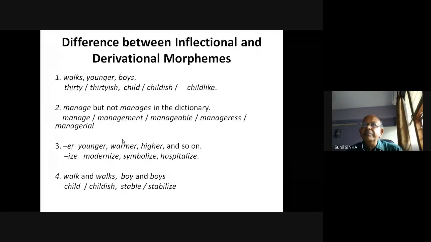Younger means more than young, warmer means more than warm, higher means more than high. So the meaning of ER is more than.